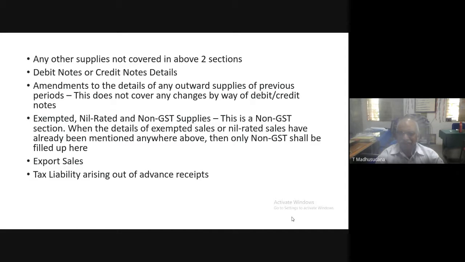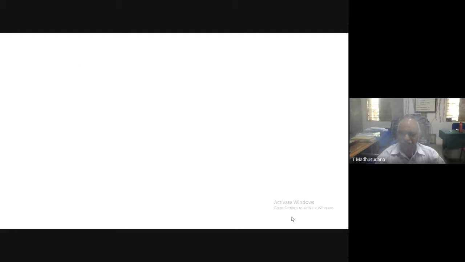Next, tax liability arising out of advance receipts. What is the tax liability arising out of advance receipts? That also is to be mentioned. Next, tax paid. How much tax you have paid? All the details are to be filled properly in GSTR1.